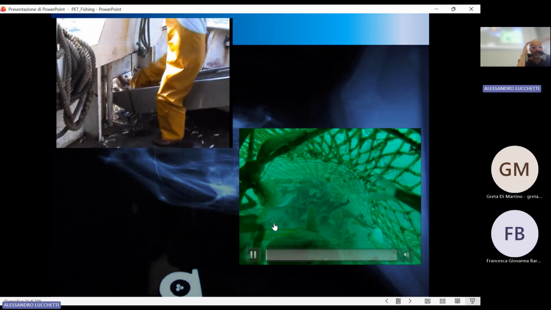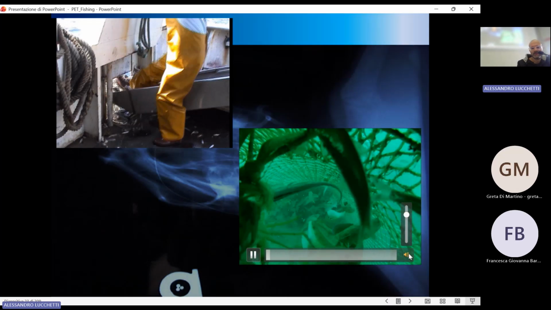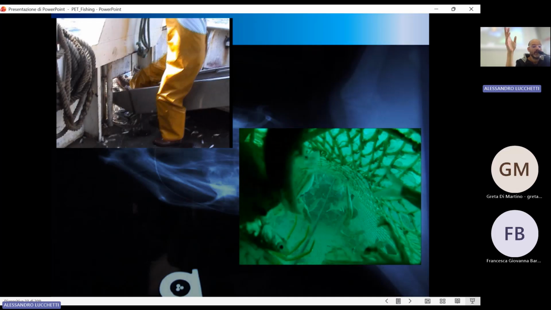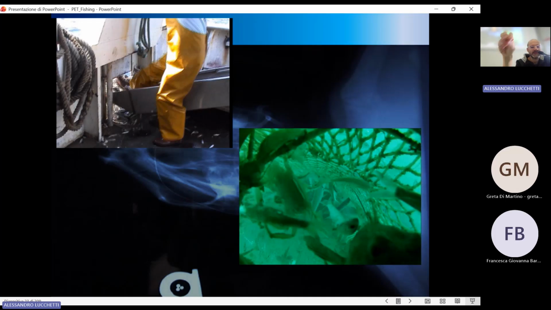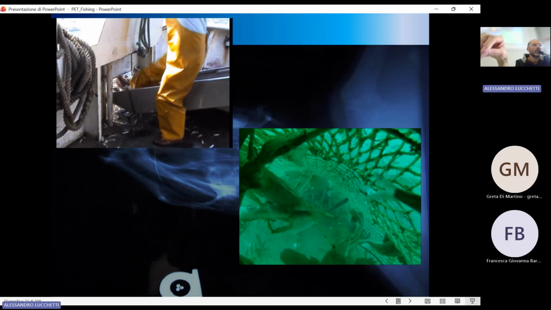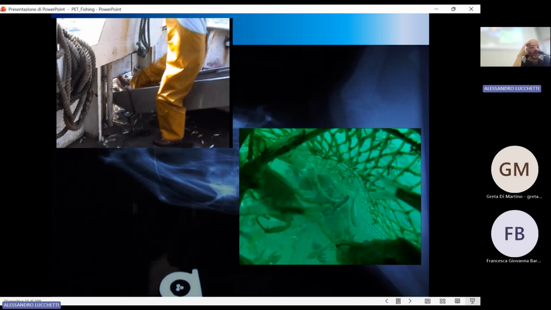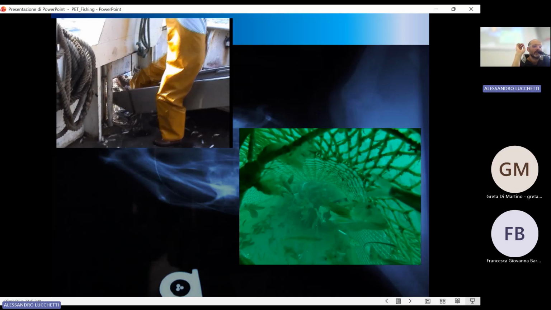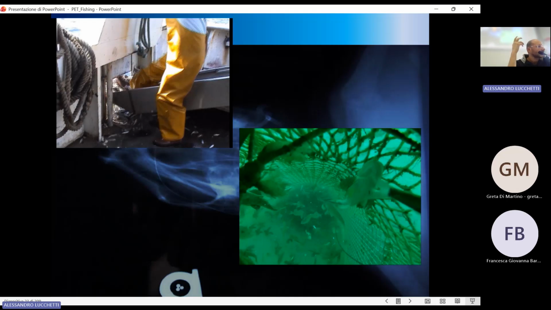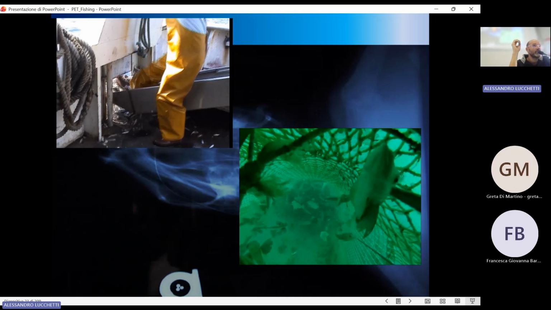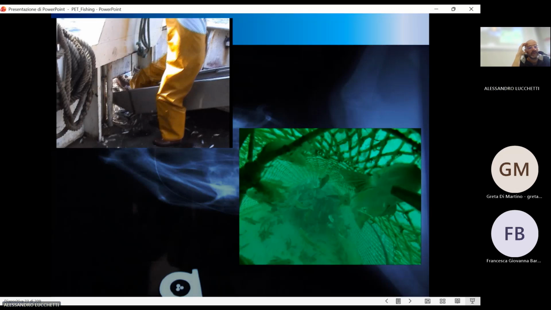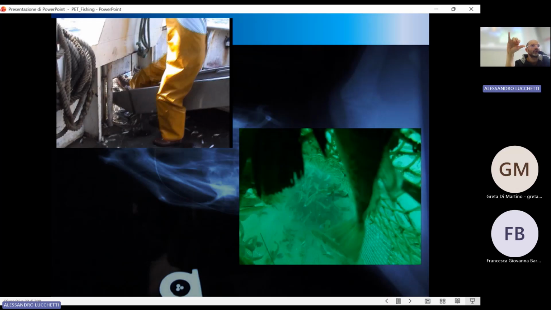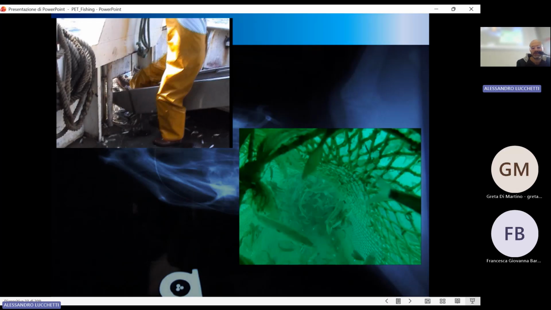So inside the cod end that you can see here, everything is alive. They can swim. Therefore, if you put some technical solution here in the cod end or just before the cod end, you can save the smaller specimens, but also vulnerable species, if you use the proper bycatch reducing devices, that are gear modifications to reduce the bycatch.